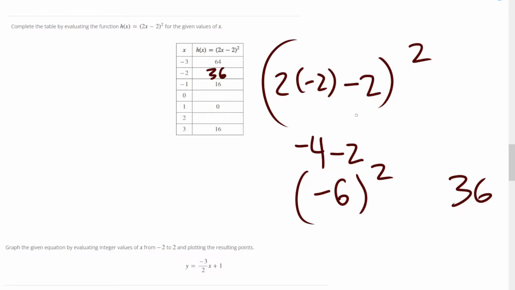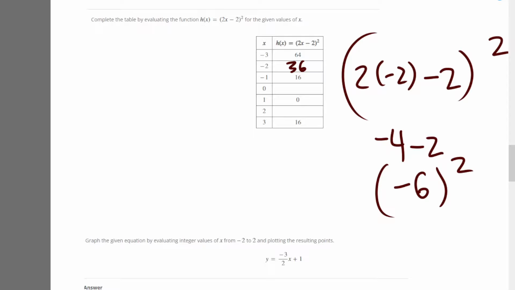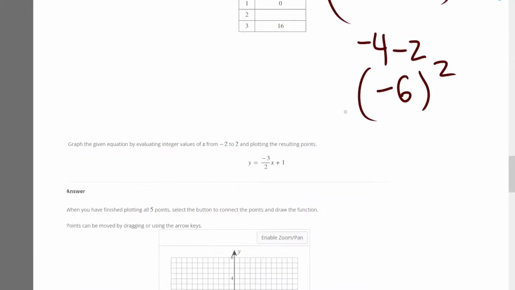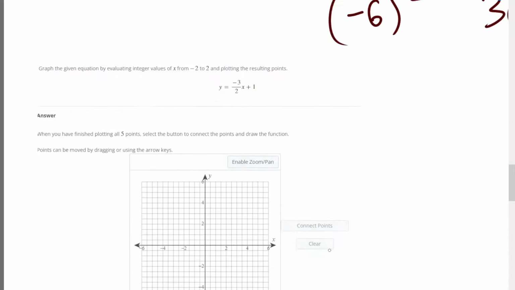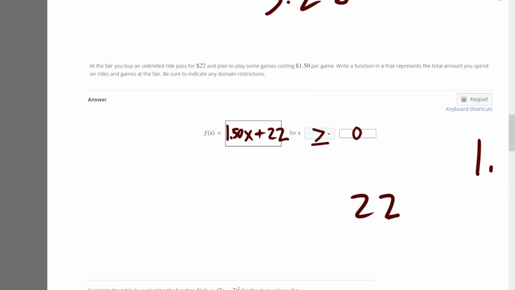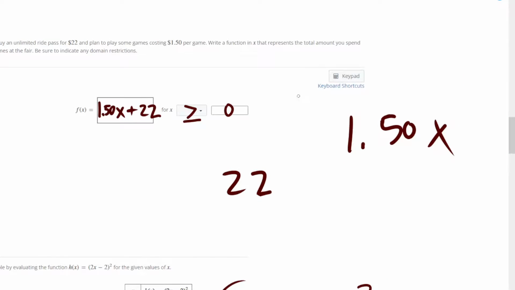I think that you guys could do the rest on your own. But basically, we're just plugging in values. We're doing basic algebra. I thought the last one dealt with a more hard domain restriction. I don't think it does.